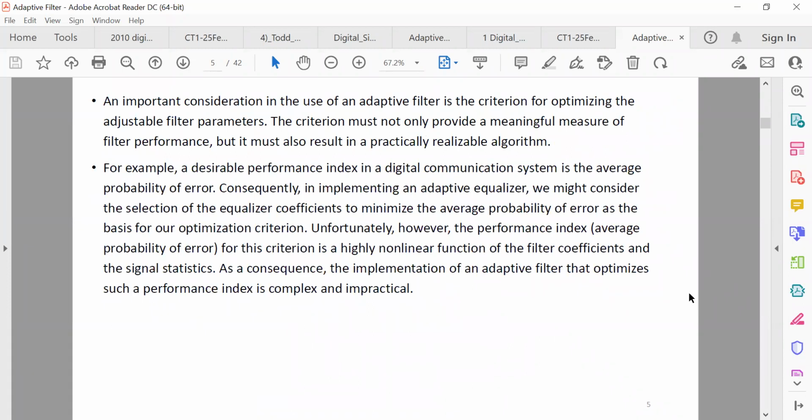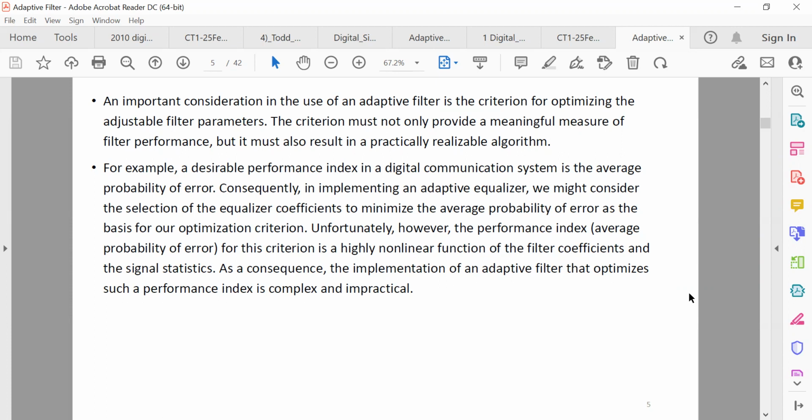An important consideration in the use of an adaptive filter is the criteria for optimizing the adjustable parameters. The criteria must not only provide a meaningful measure of filter performance, but must also result in a practically realizable algorithm.